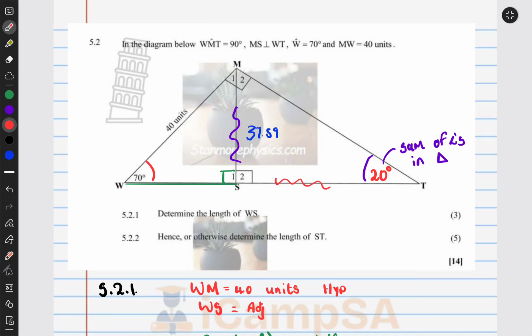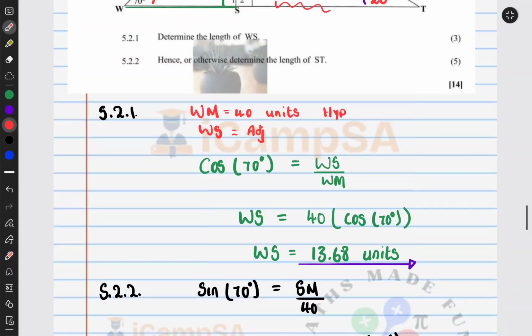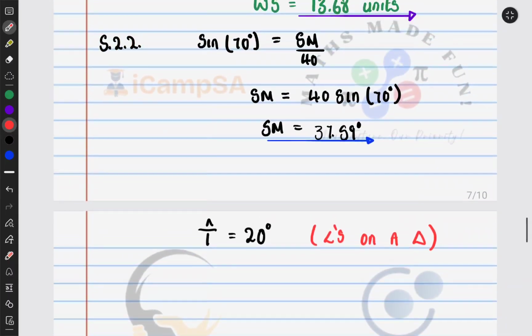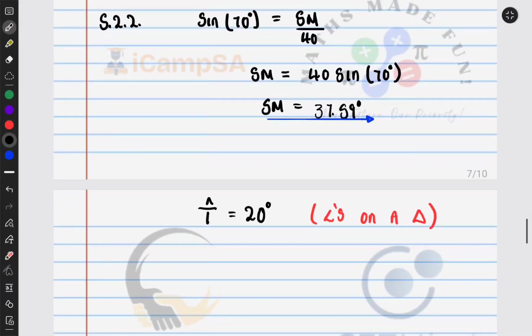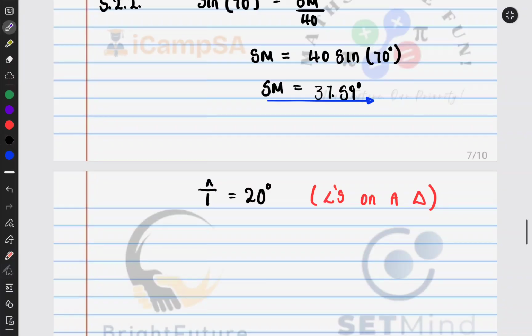So we have the side opposite to 20 degrees and the side adjacent, which means we are going to use the tan trigonometric ratio, because it is the tan ratio that includes the opposite side and the adjacent side.